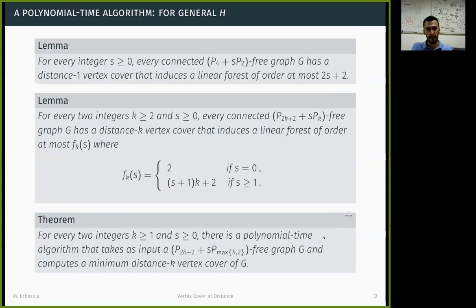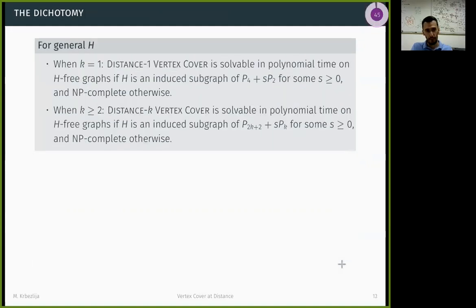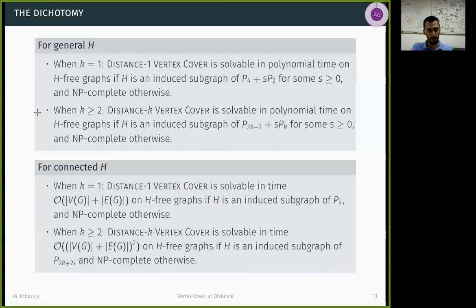This result concludes the dichotomy for the case of general H. And as seen before, we also had similar results, but improved in time for the connected case.